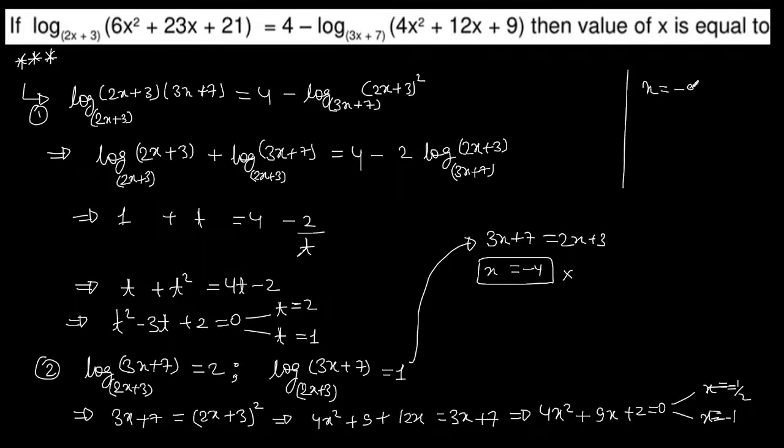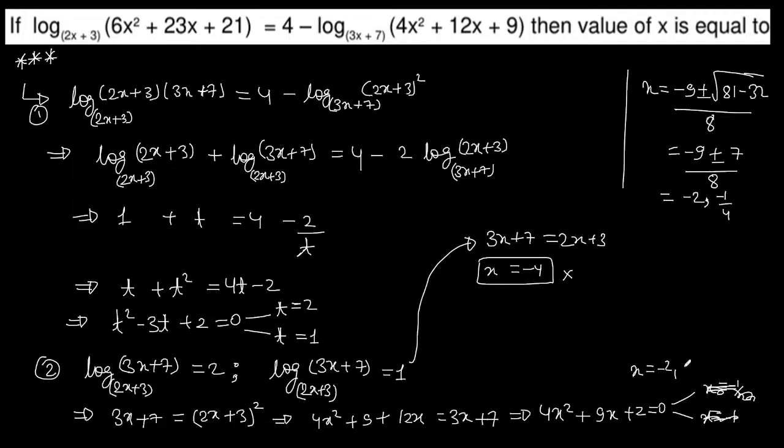X equal to minus 9 plus minus root of b square minus 4ac, which gives x equal to minus 2, minus 1 by 4.